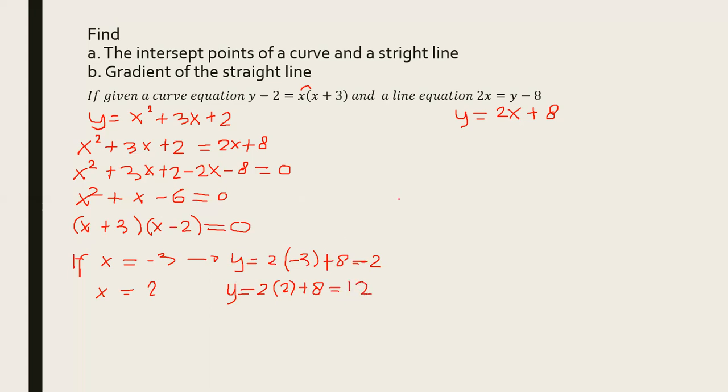So it means the intersection points are negative 3 comma 2 and 2 comma 12.